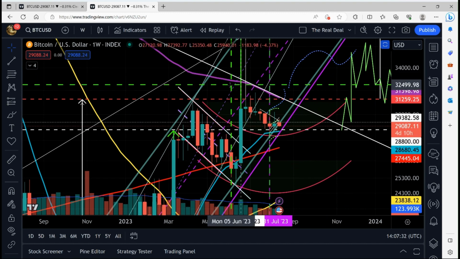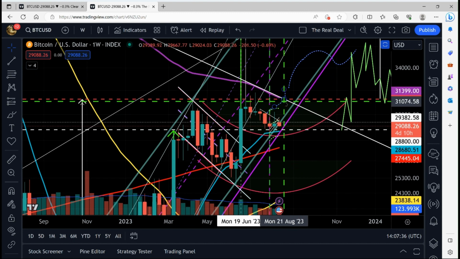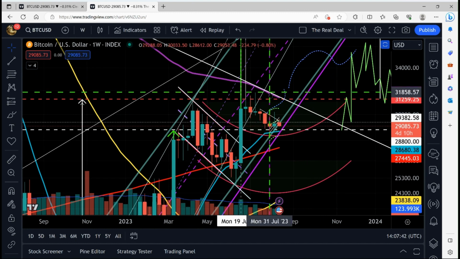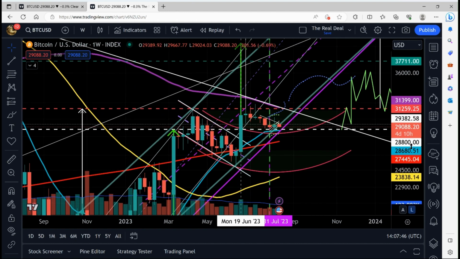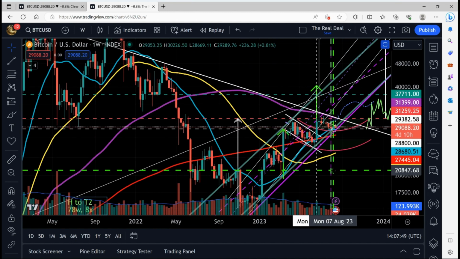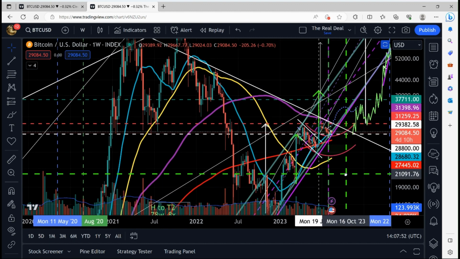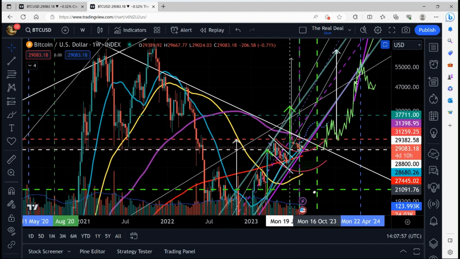Now, what's really interesting is that this lavender line right here, the 100 weekly moving average, is riding right along this white line, you'll notice. And what is that white line? It's a trend line. Because I'm the triangle guy. Well, not just the triangle guy, the crazy triangle guy. And so I draw these crazy triangles.